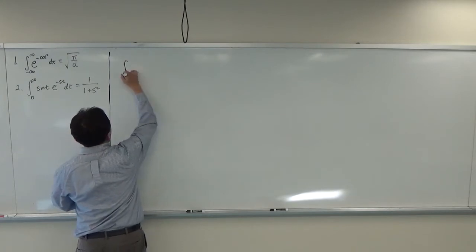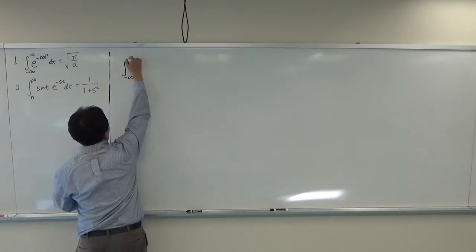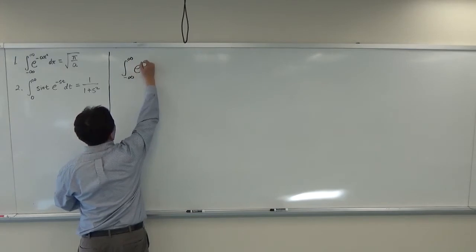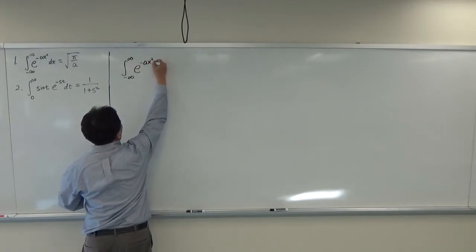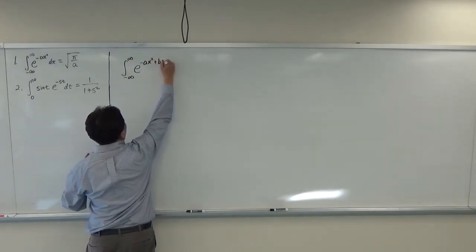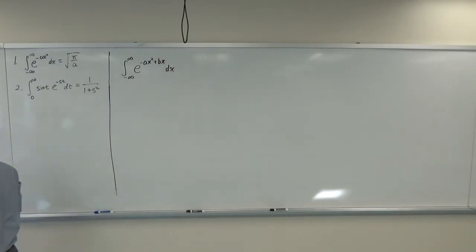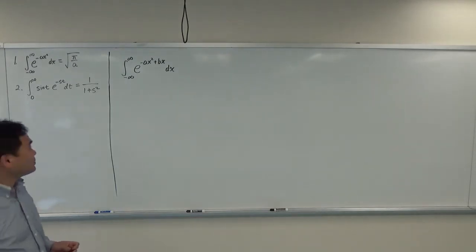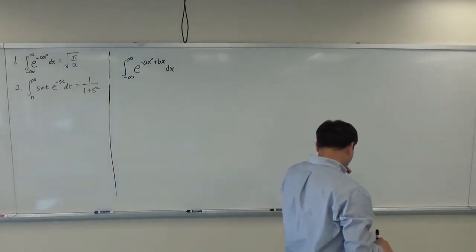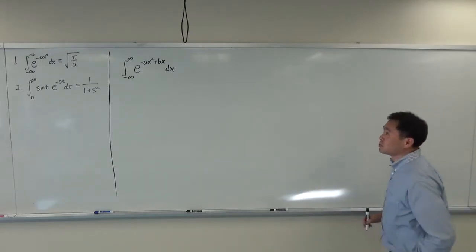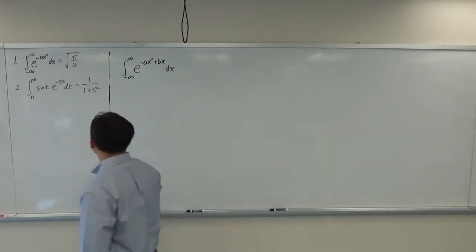the integral from negative infinity to infinity of e to the negative ax squared plus bx dx. Okay, so that's what it is. For this one, we have to use completing the square.